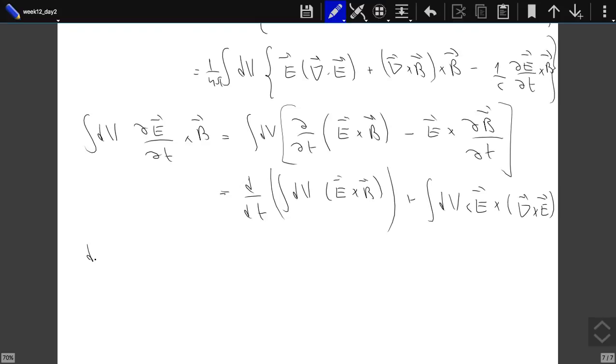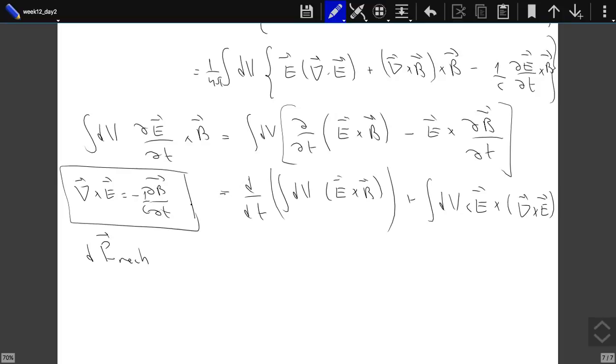So let's go back. The curl of E is minus dB by dt, 1 over C. This is the Lenz rule, that minus.